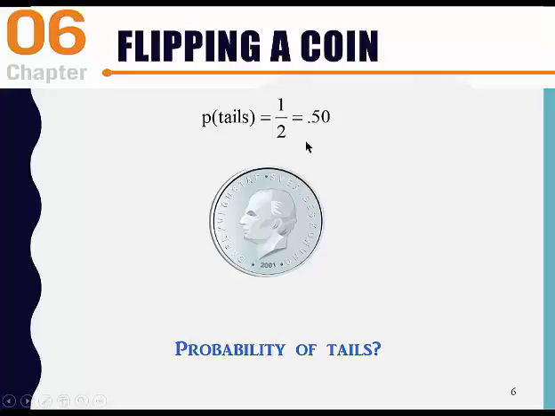So it's 1 over 2. The probability of getting tails is 0.5. And you can see the probability of getting heads is also 1 over 2, which is also 0.5. And that adds up to 1, because you can only get tails or heads, as there are only 2 possible outcomes.